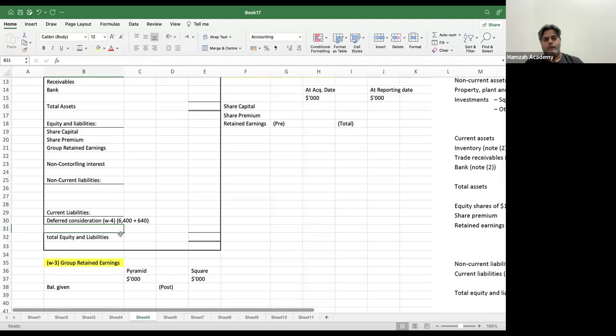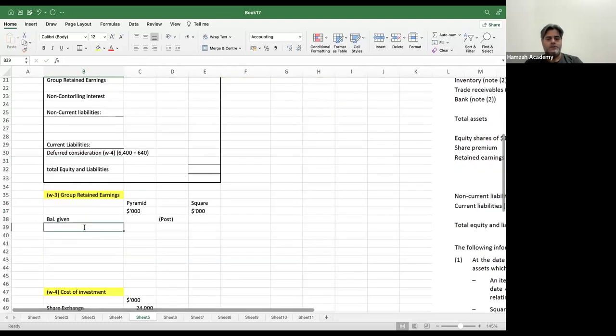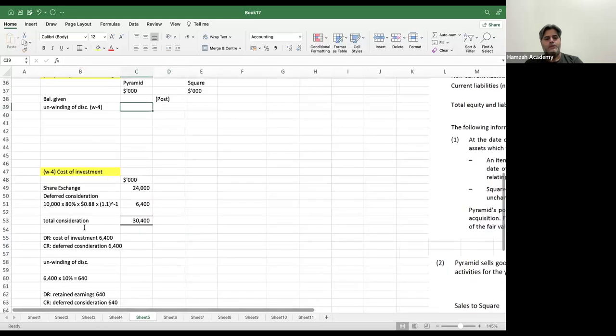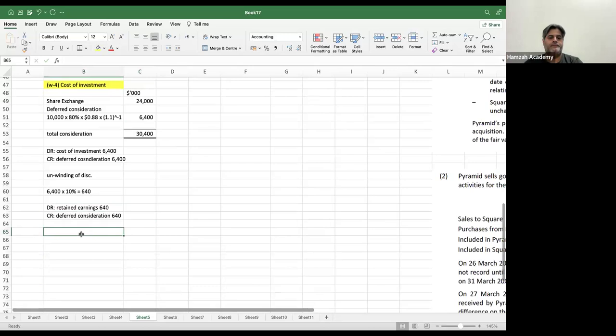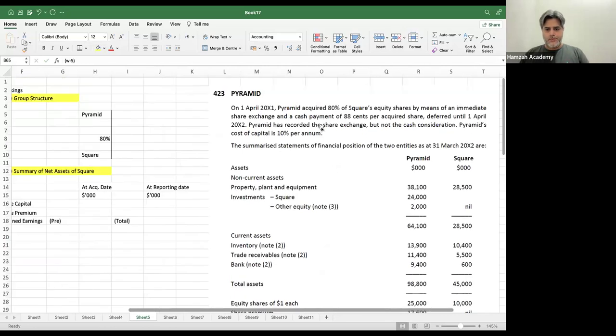Okay, and then I'm going to have this unwinding of discount working for 640 is going to be deducted from here as well. Okay. Done. Then let's see, what do we have next? We are done with this point.